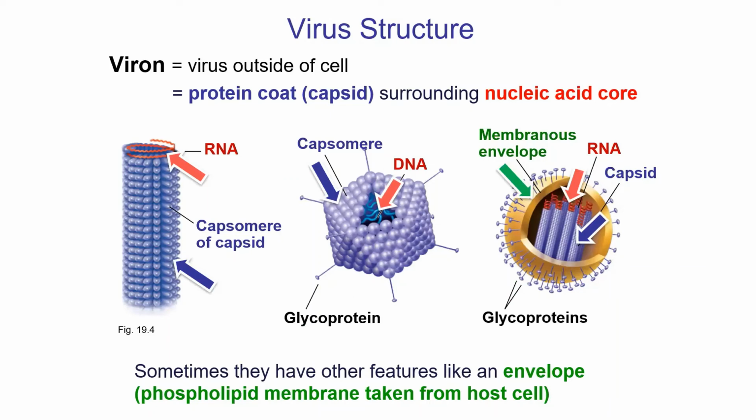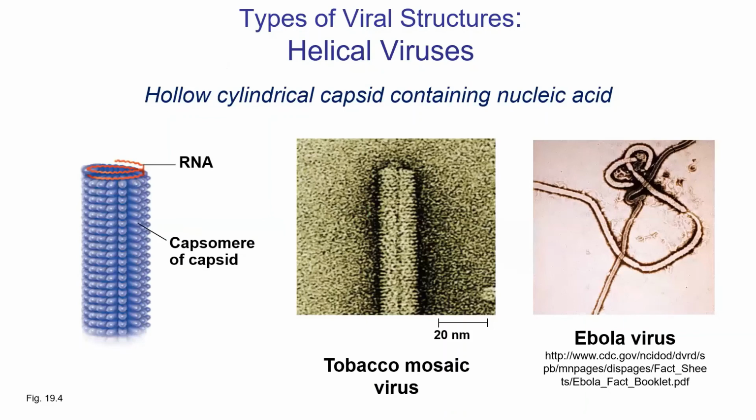So I'll show you some, like I said, some different viruses here and different examples. So some viruses we call helical viruses, and you can see really what that is, that the genome is wrapped in sort of a tubular or a cylindrical type of structure of capsid proteins.